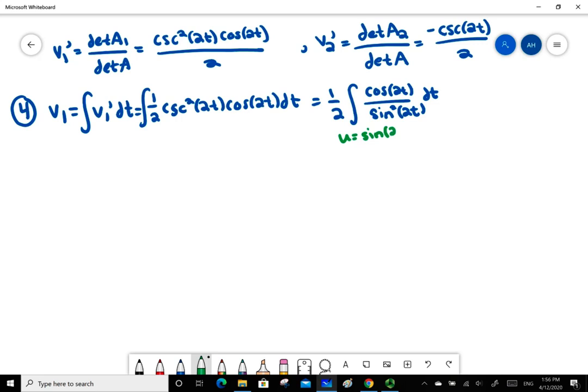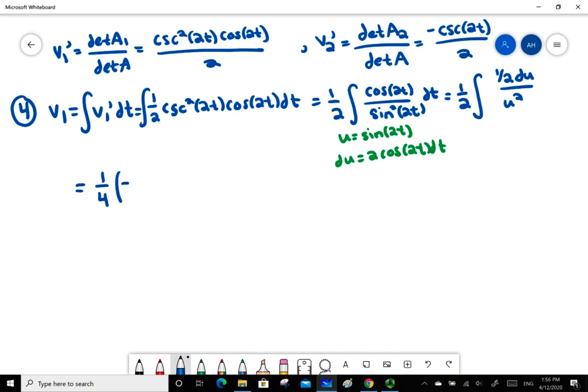Let u = sin(2t), then du = 2 cos(2t) dt. This integral becomes 1/2 of the integral of 1/2 du over u², which equals 1/4 times -1 over u, so -1/4 times 1 over sin(2t), or -1/4 csc(2t). We don't need integration constants here, but it's not wrong to include them, and we'll see why at the end.